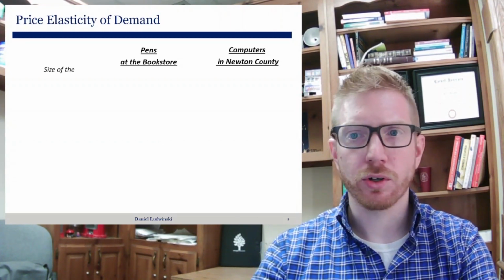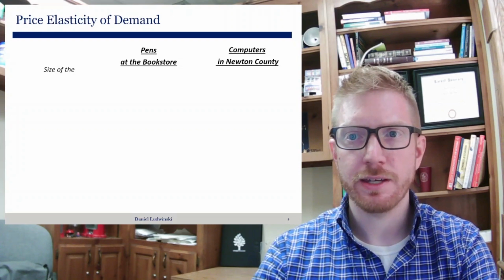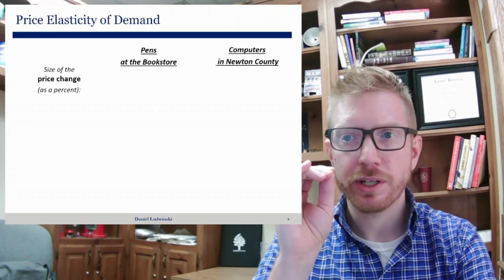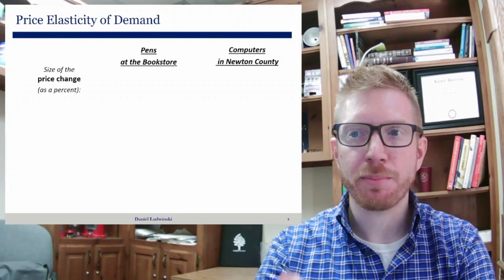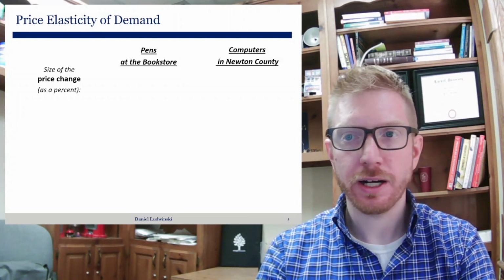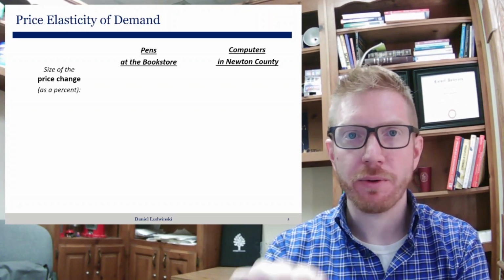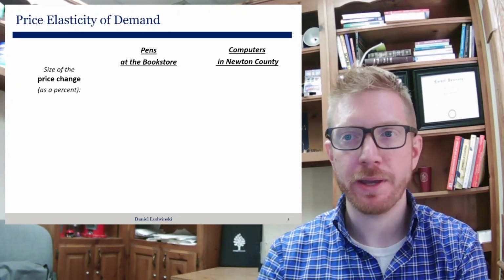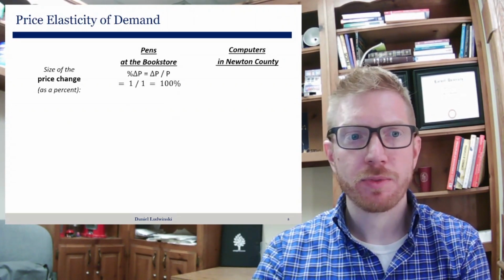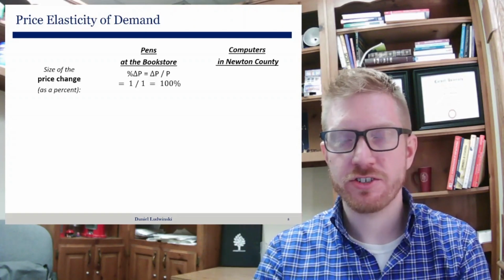So we're going to look at the size of the price change, and we're going to look at these as a percent. In both circumstances we had a $1 increase, but they were very different in terms of what the baseline was.